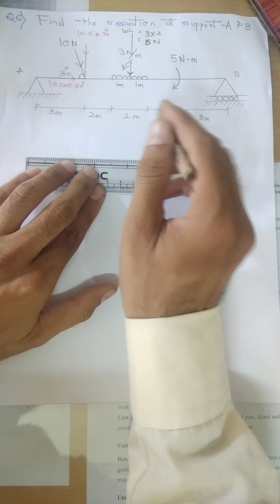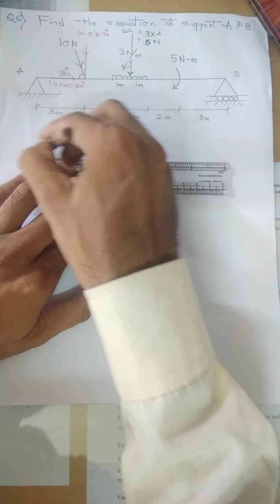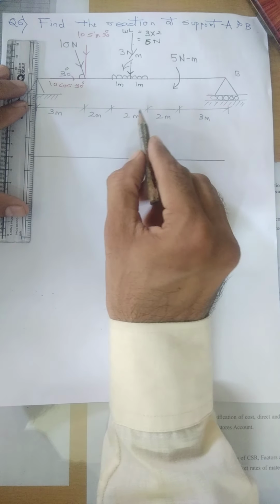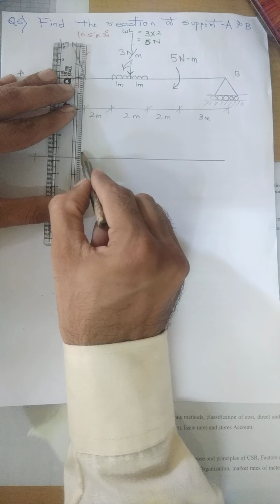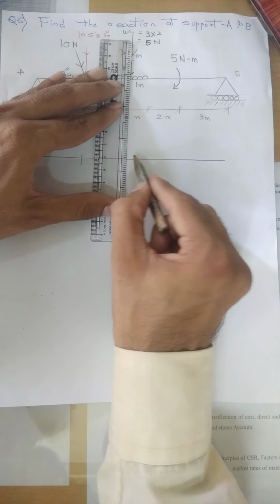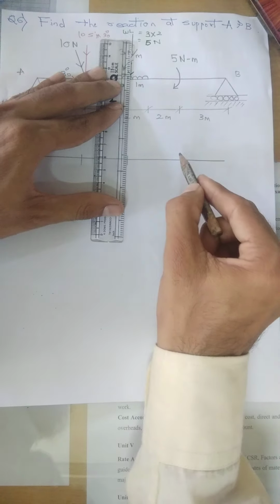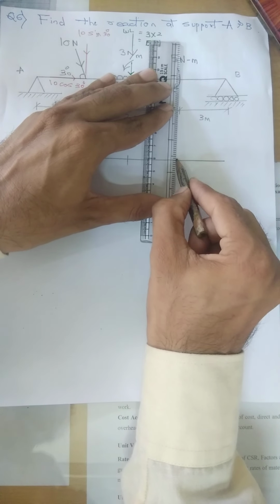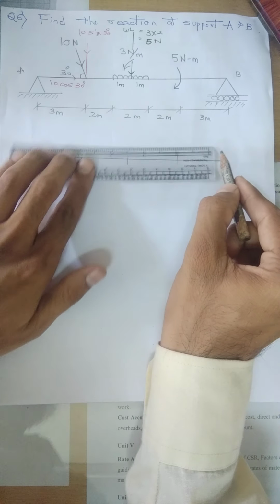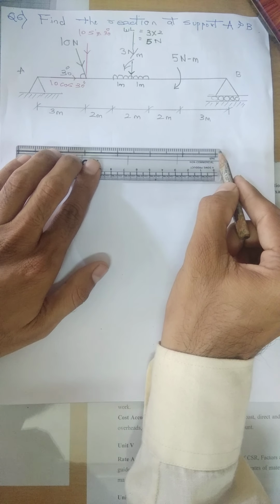At the same point we will draw the figure. These are the distances for this. I will mark the distances here. It is converted to a point load, and here is the distance for the couple, and this line is for the actual figure.